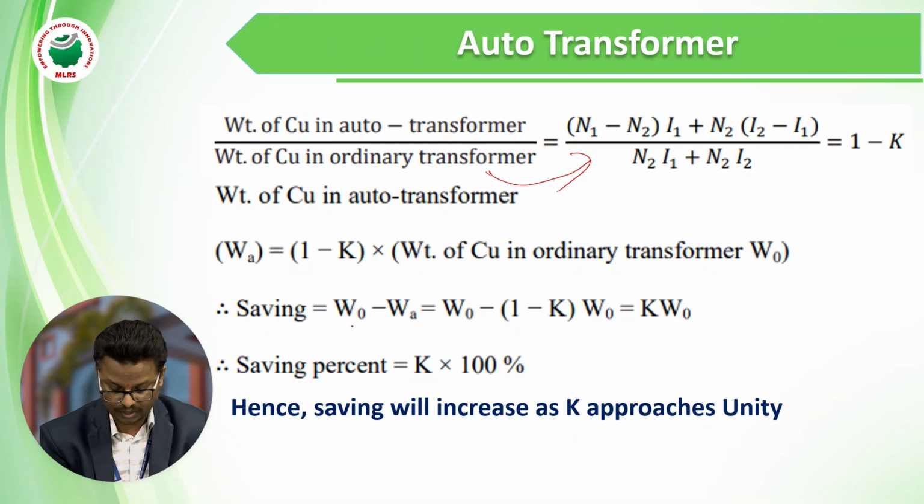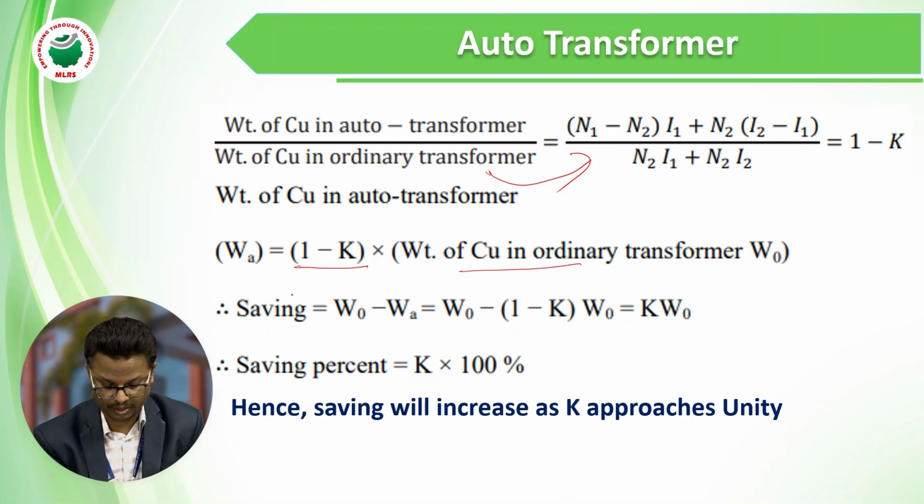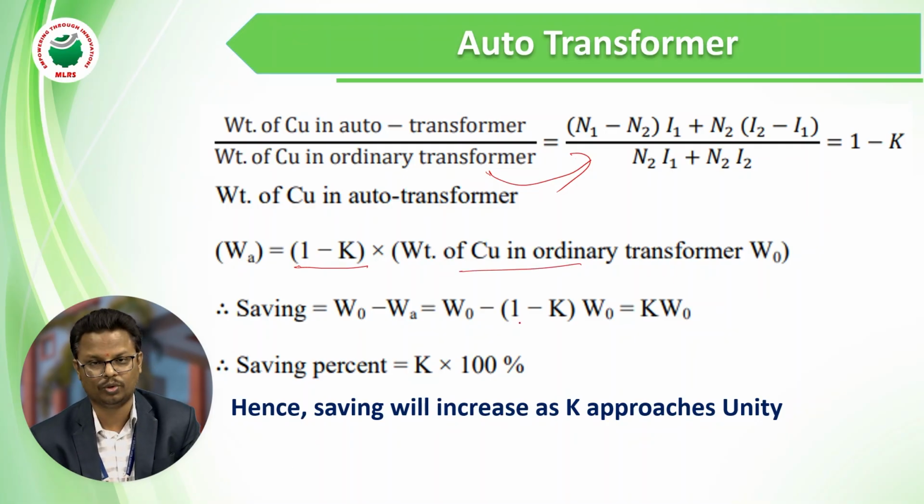Okay, so W naught minus WA is equal to W naught minus WA, which we already know is 1 minus K into W naught, the ordinary transformer. So in place of WA, we can substitute (1 minus K) into W naught. If we simplify it, we will get K into the weight of the ordinary transformer.